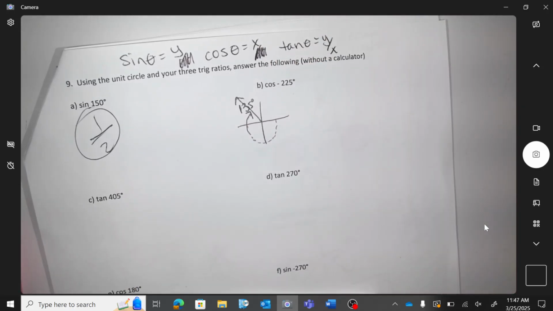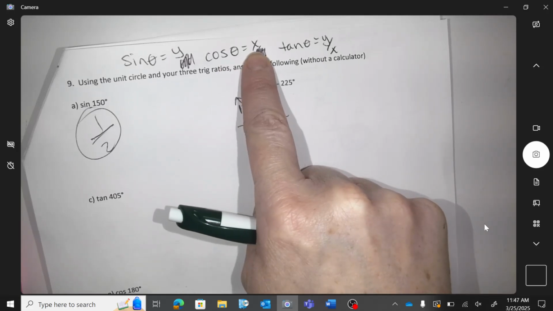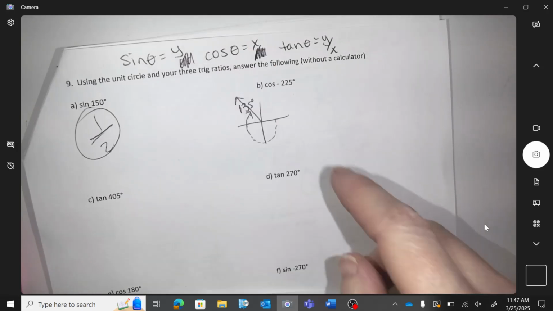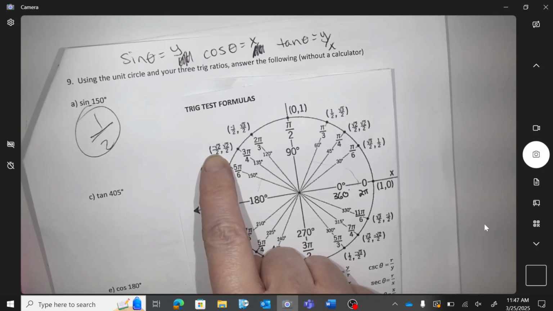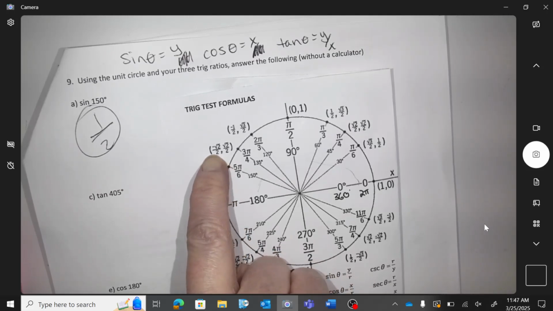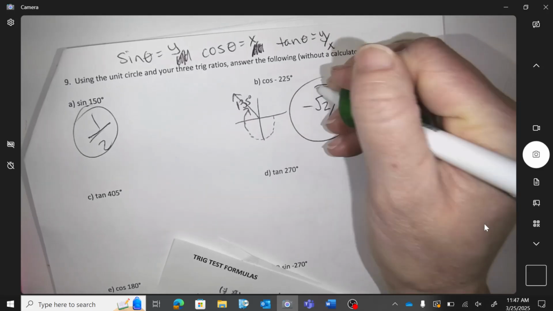Okay, that would be the same mark as 135. And then it's cos, so what's the formula saying? X. So 135, x value is this one, negative root 2 over 2.